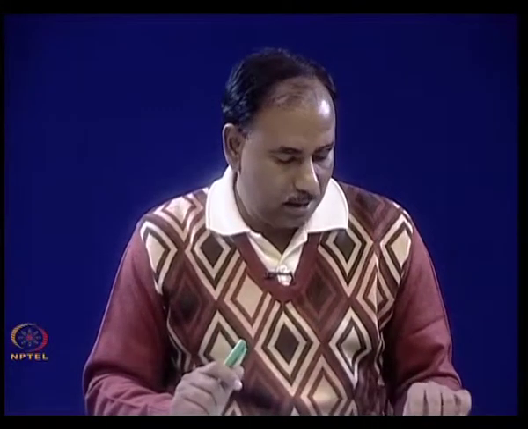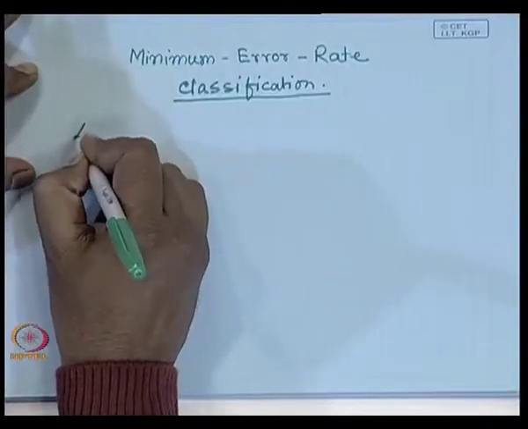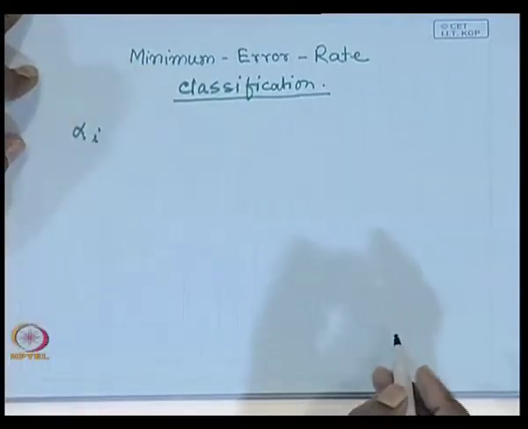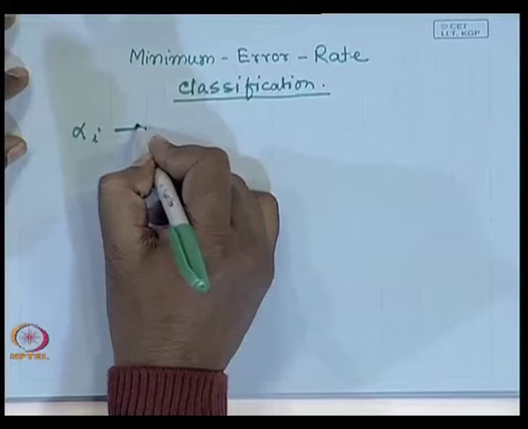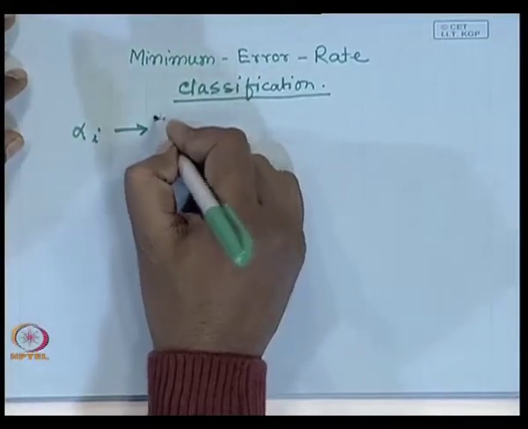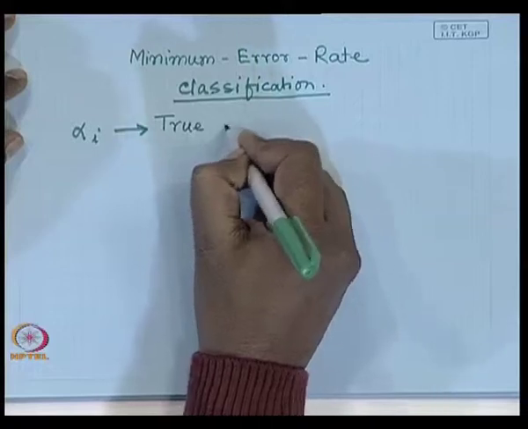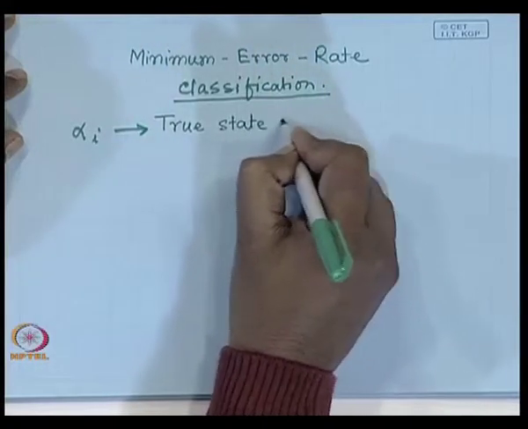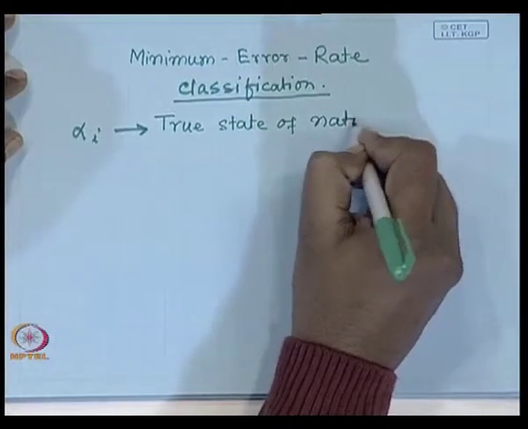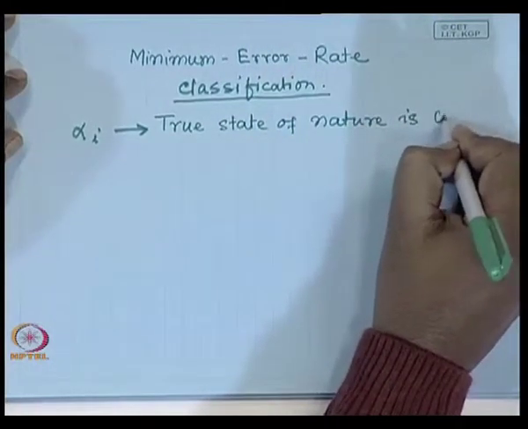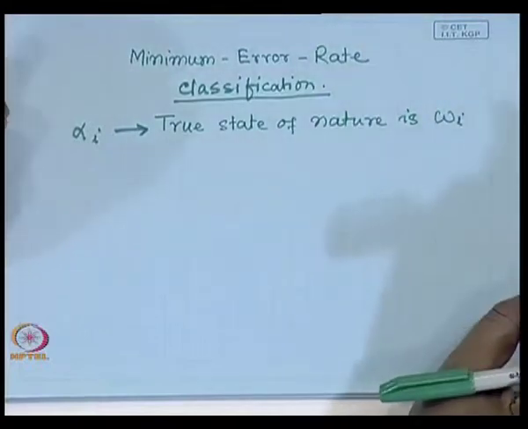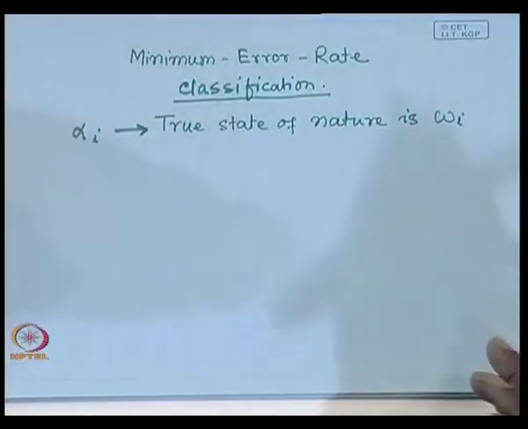Okay. So, what is this minimum error rate classification? We said that if I take an action alpha i, that means I am taking a decision that the true state of nature is omega i. That is, alpha 1 means the true state of nature is omega 1, alpha 2 means the true state of nature is omega 2, and so on.